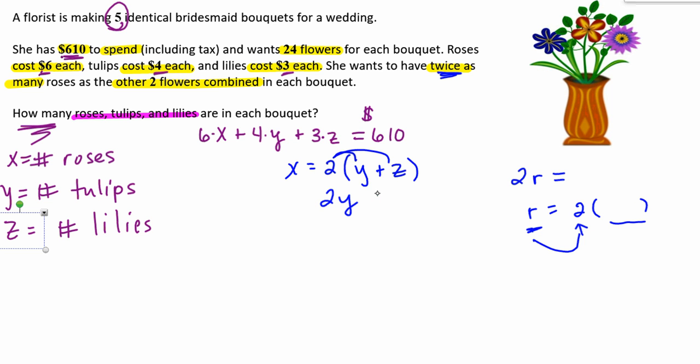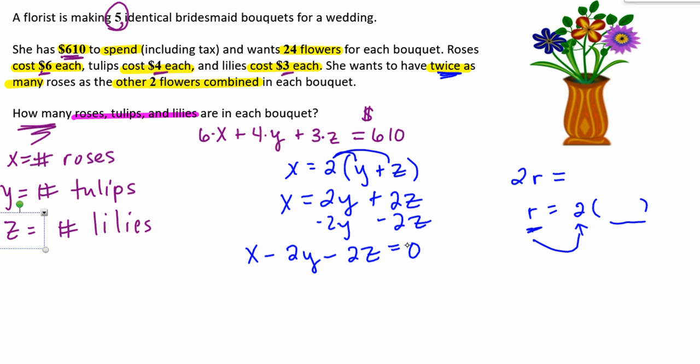This would be 2y plus 2z. X equals, and then I'm going to move that over and that over. I'll subtract them from this side. X minus 2y minus 2z equals 0. Okay, that looks normal now to me. It's okay to equal 0, that's no problem. But we need one more equation.